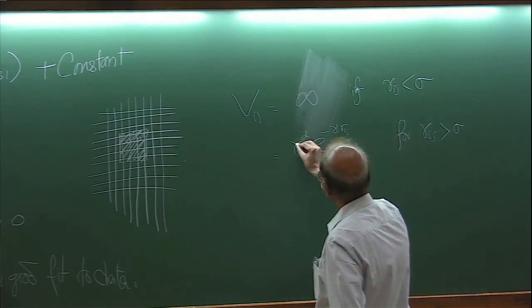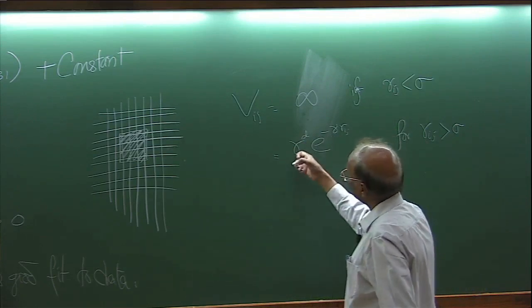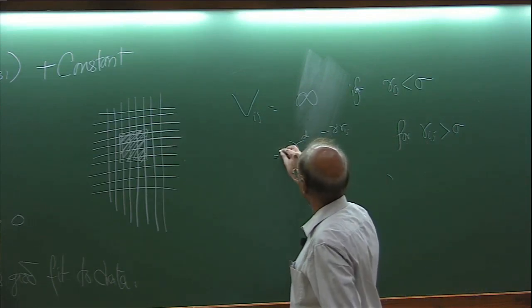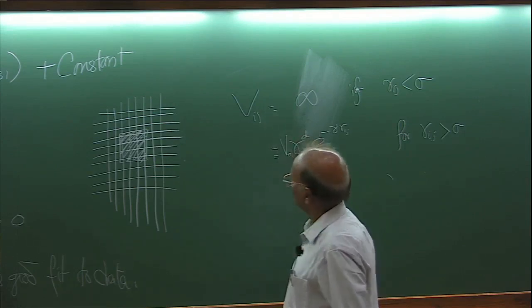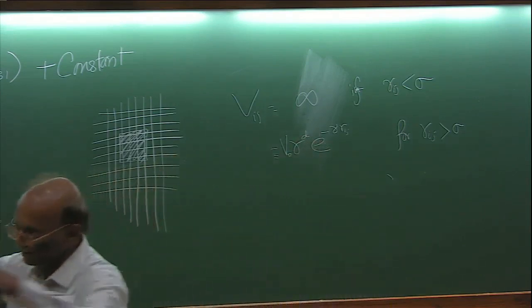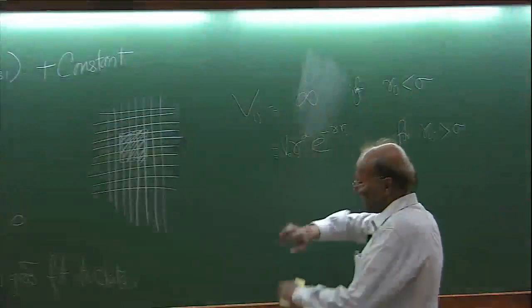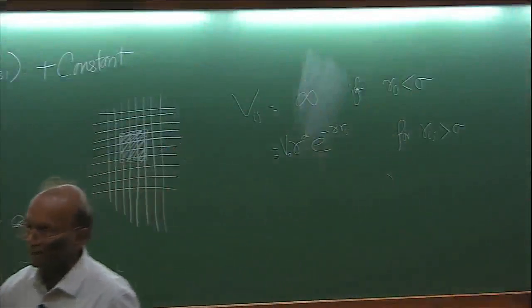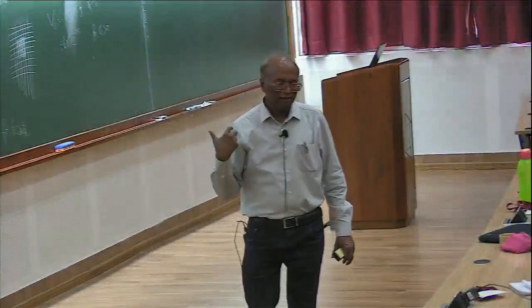So there is some attractive part which is exponentially decreasing, but this gamma determines the range of the attractive part, and you let gamma tend to 0, then the attraction becomes very long range.